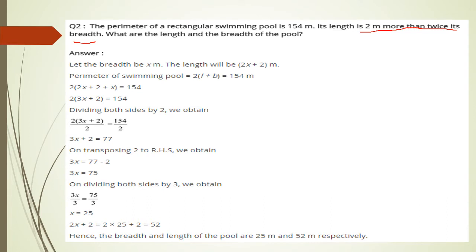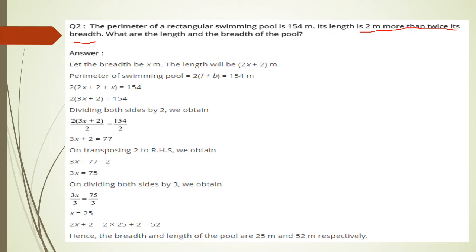For example, if the breadth is 10 meters, then the length is twice the breadth, that means 2 into 10. 2 tens are 20. 2 meters more means 20 plus 2, 22. So we can consider the length as 22 meters. Here I am just giving an example, children, but it is not related to this question.